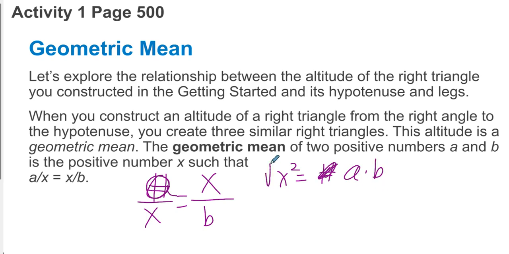Okay, and then I'd square root that. So you might also see, if you look this up, that the geometric mean is x equals the square root of a times b. So once I know this, I can just take the two numbers, multiply them together, take the square root, and I get the answer for x.